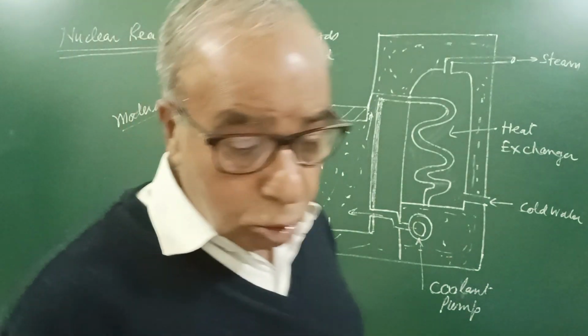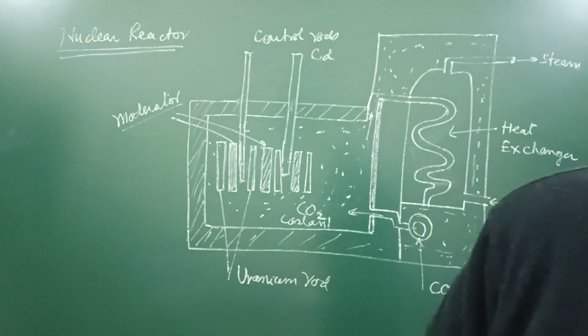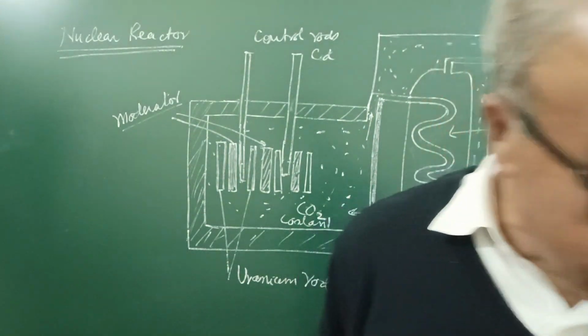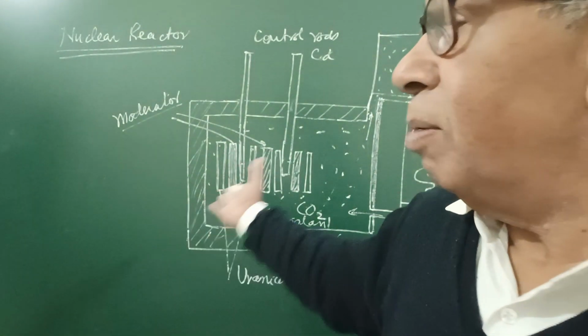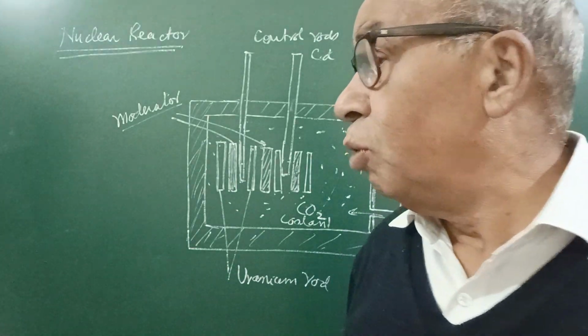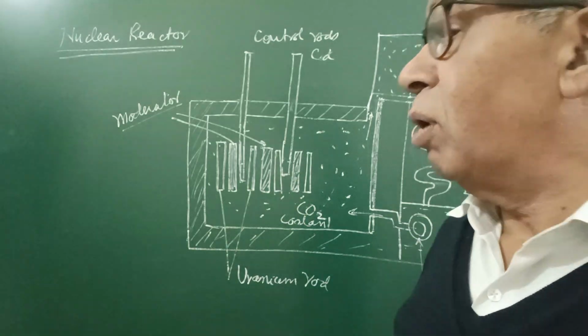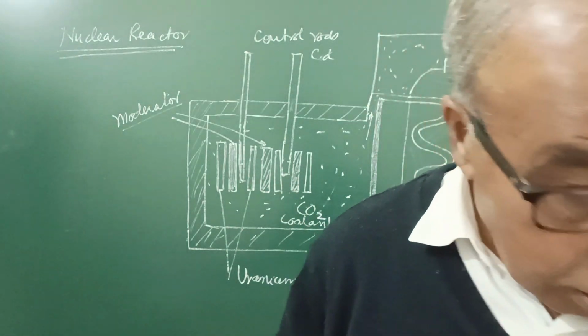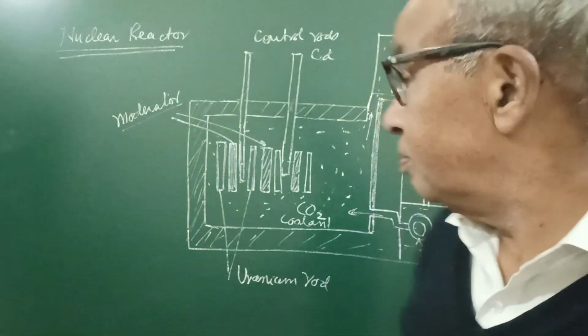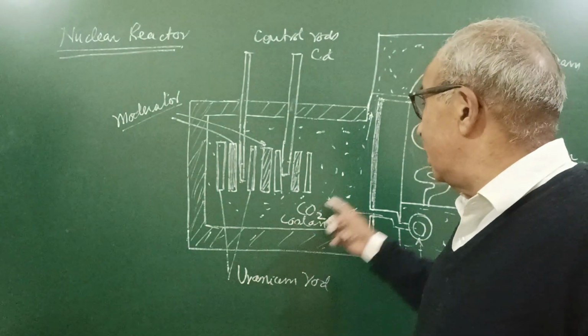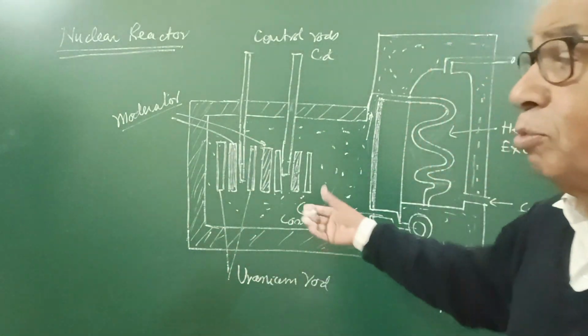So in books you will get different parts of the reactor: fuel, uranium rods are used as fuel; then moderator, graphite or heavy water is used as moderator; then coolant.